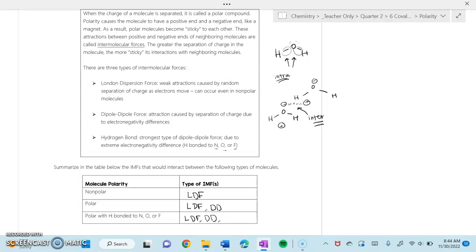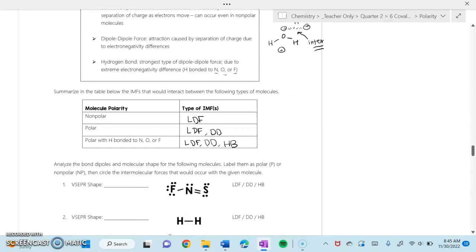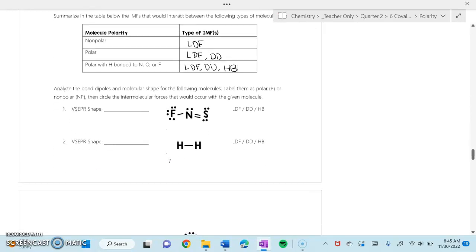And then it has hydrogen bonded to a nitrogen, oxygen, or fluorine. So that would be hydrogen bond. You can see how this tiers up, making the polar molecule with hydrogen bonded to nitrogen, oxygen, or fluorine the strongest. That's going to have the most interactions going on, and then we have nonpolar with the least.